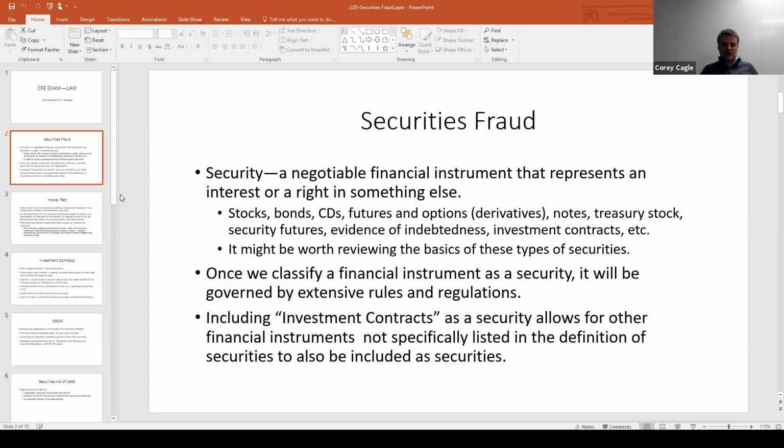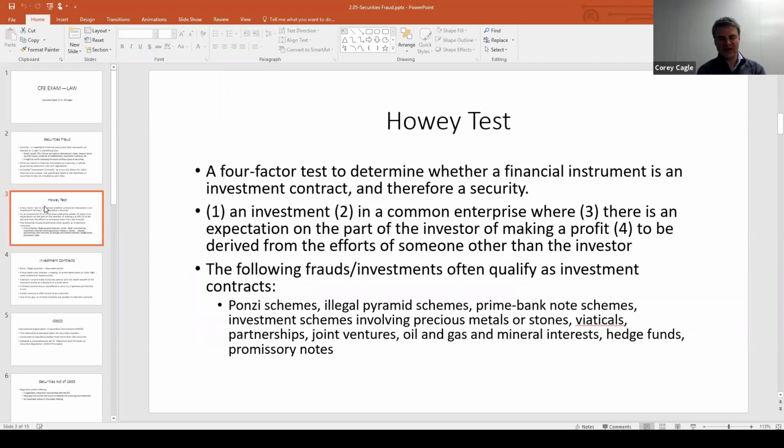Their inclusion of so-called investment contracts as a security in the definition gives them some leeway, gives them a way to lump in other financial instruments that aren't specifically listed in the definition to be also included. And we have a test, the Howey test, a 4-factor test to determine, is it an investment contract and therefore a security?